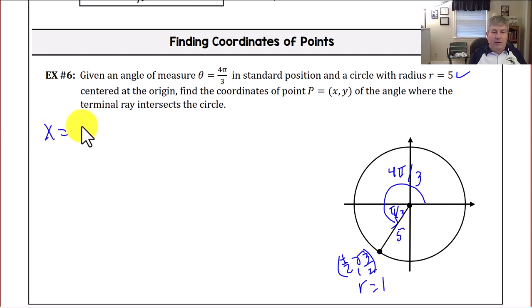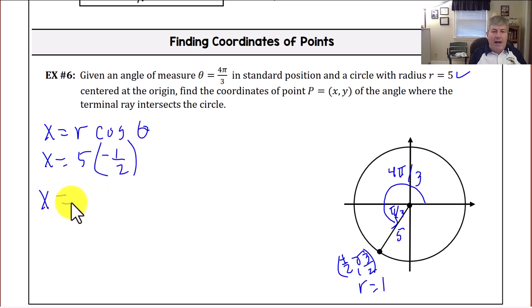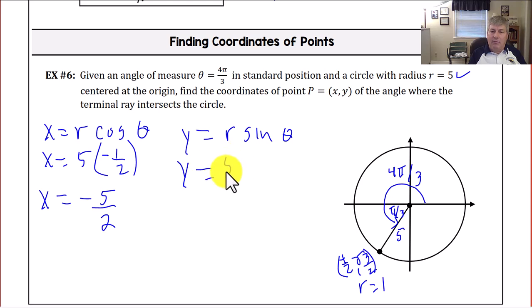We know that x equals r cosine of theta. Our r is 5, and the cosine of our theta is negative 1/2. So x is equal to negative 5/2. And y is equal to r sine of theta, so y is equal to 5 times the sine of theta, which is negative square root of 3 over 2.